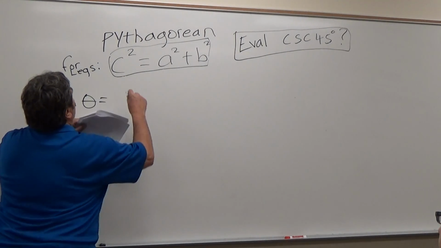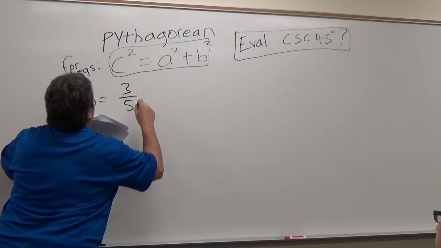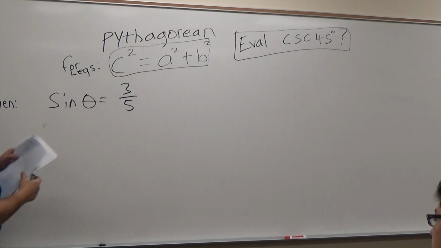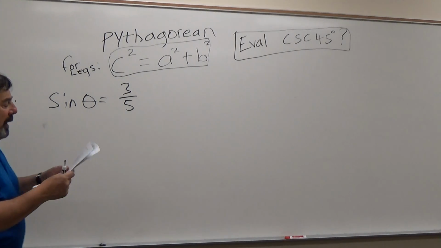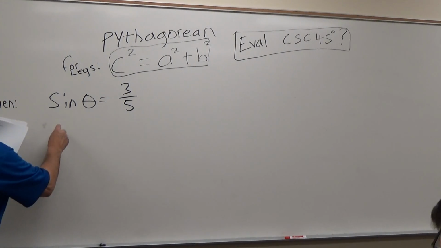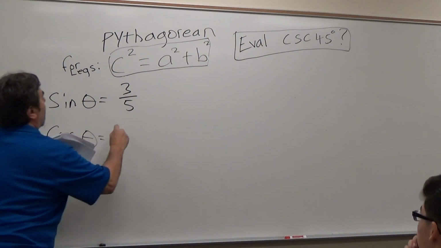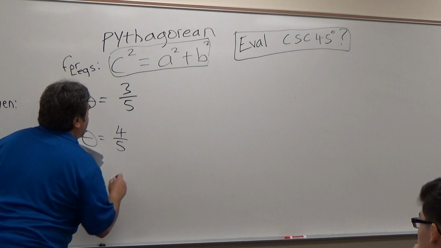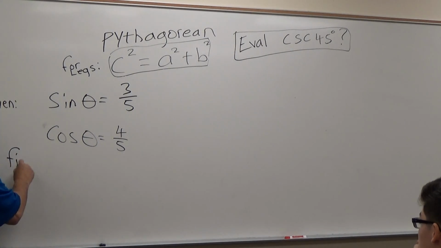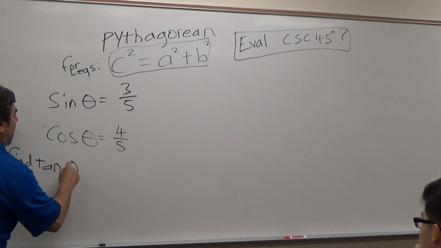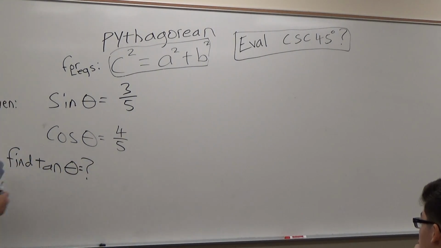So the sine of our angle, we're given, these are the givens. We're given that the sine of our angle is 3 over 5, and we're also given that the cosine of the same angle is 4 over 5, and they're asking you to find the tangent of the same angle. That's what they're asking you to find.